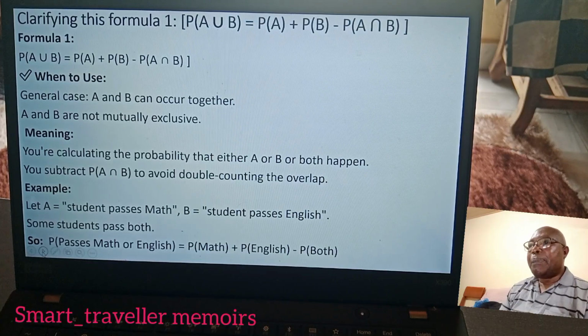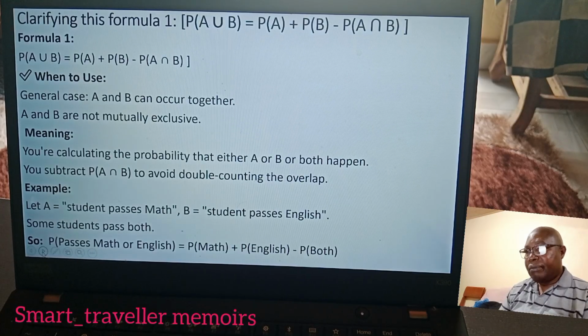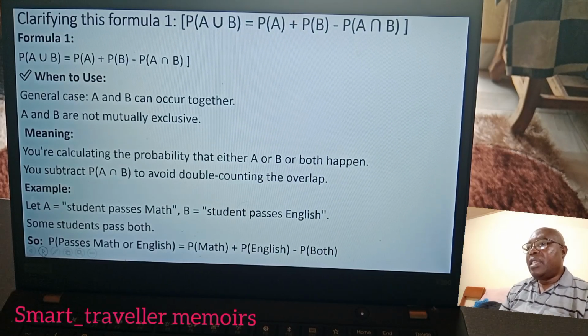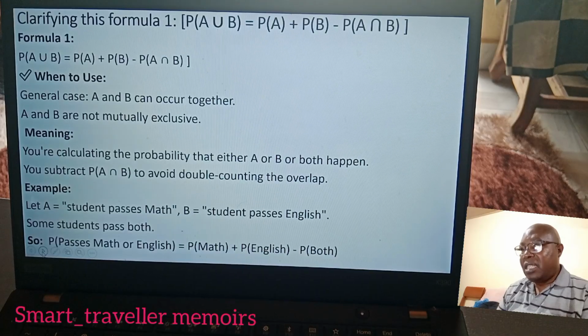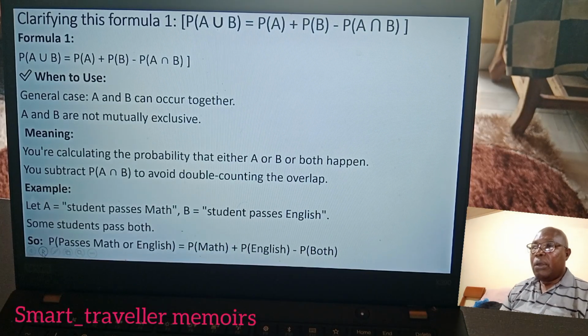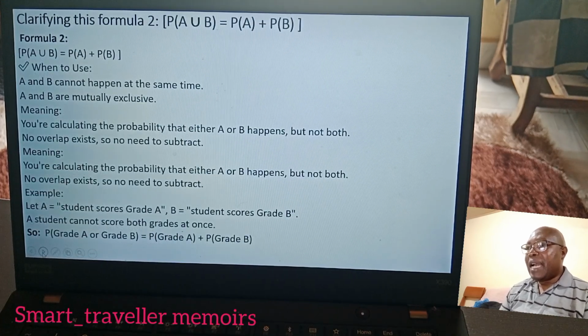You subtract P, A intersection B to avoid double counting the overlap. Example, let A equal student passes mathematics and B equal student passes English. Some students pass both, so P passes maths or English is equal to P maths plus P English minus P both.